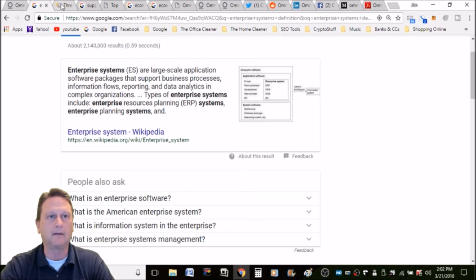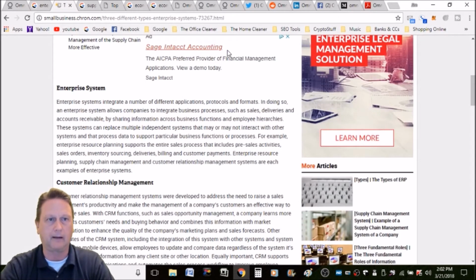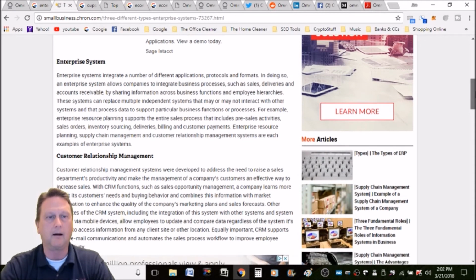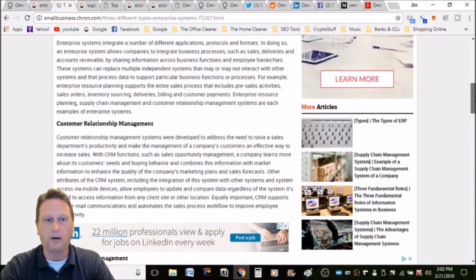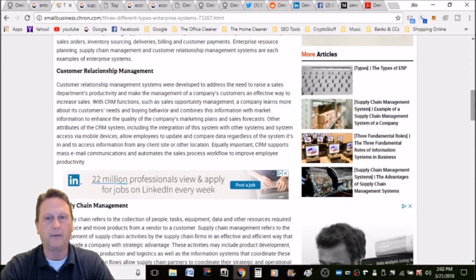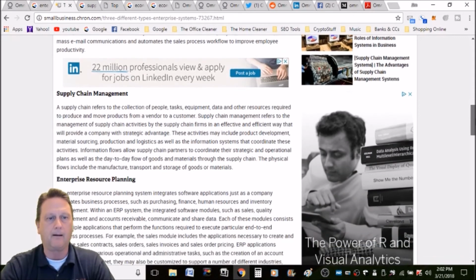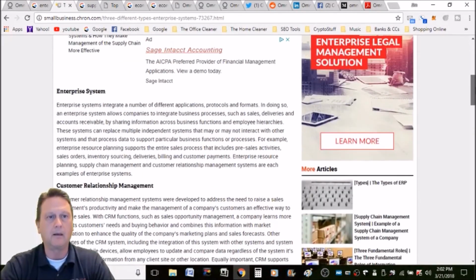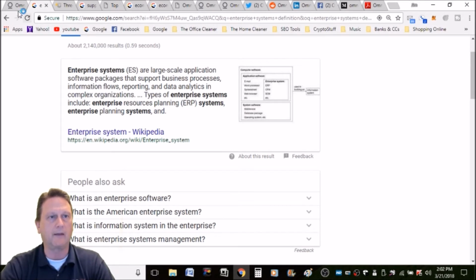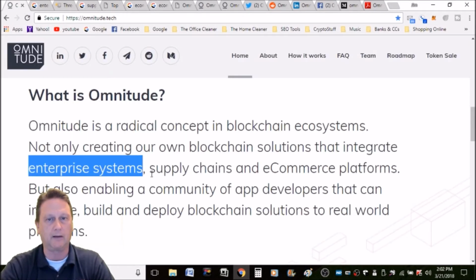As I said, accounting would be an example. Customer relationship management software, customer service software, all of that would be part of enterprise systems. That's the first thing that they're trying to integrate.